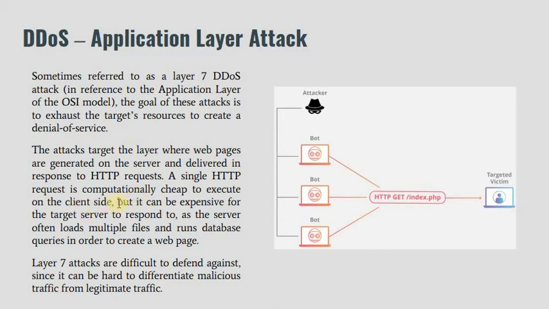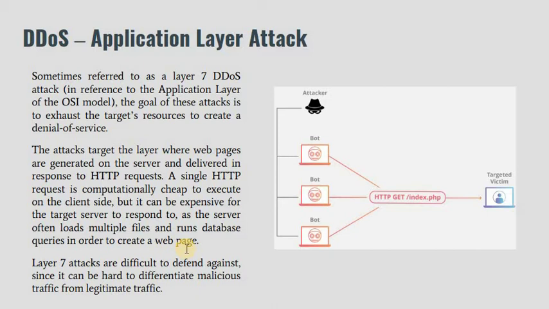A single HTTP request is computationally cheap to execute on the client side, but it can be expensive for the target server to respond to, as the server often loads multiple files and runs database queries in order to create a web page.